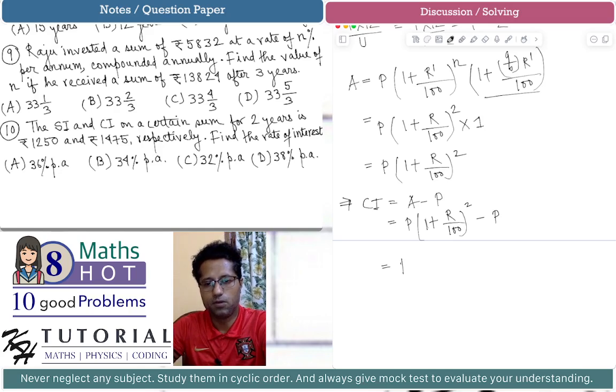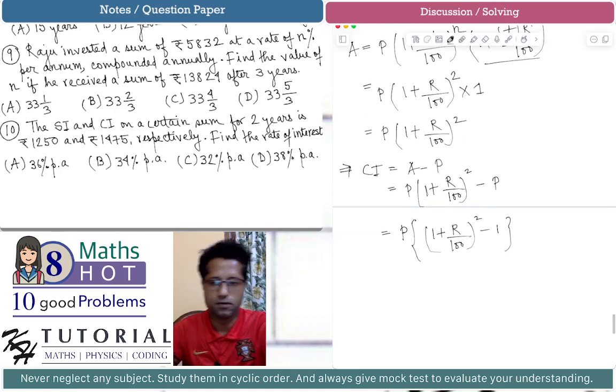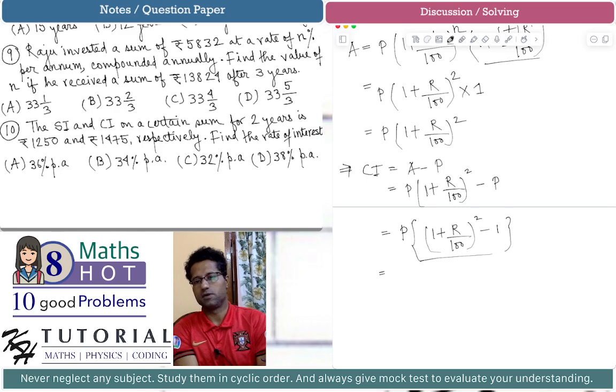If you take P common, this is equal to P times (1 plus R by 100) square minus 1. Compound interest is this. Now, this part we can further factorize using the identity a square minus b square is equal to a minus b multiplied by a plus b.